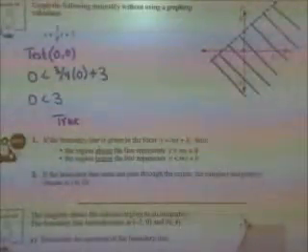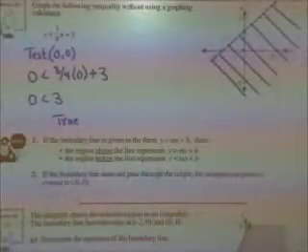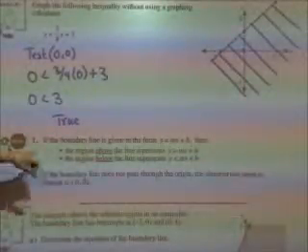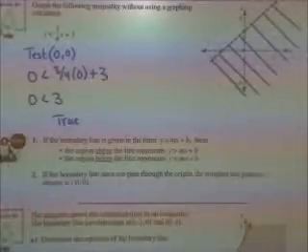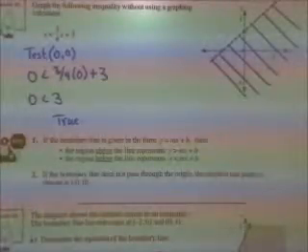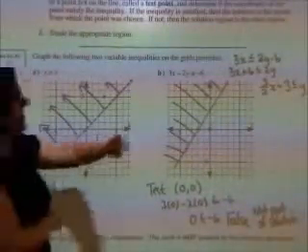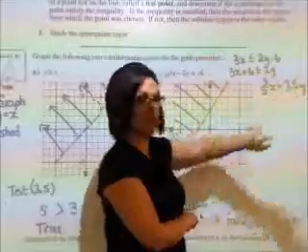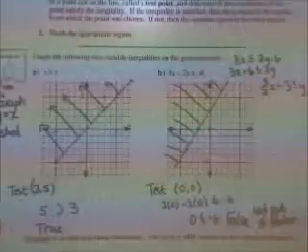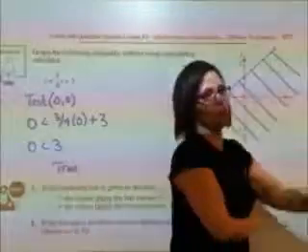Okay. If the boundary line is given in the form of y equals mx plus b, the region above the line would represent anything that is y is greater than, and that was the previous example. Y is greater than x. This one was y is greater than, so I shade the region above. If it is less than, you shade the region below.